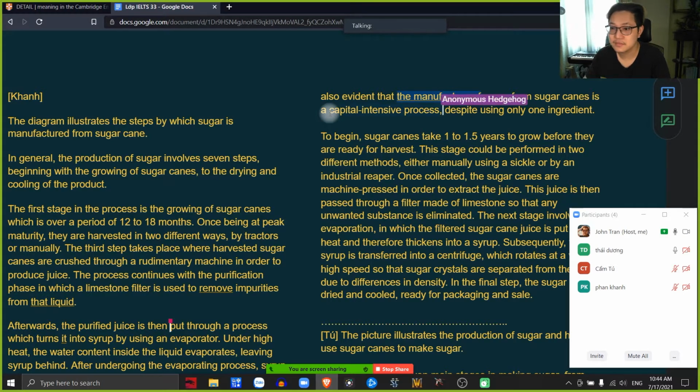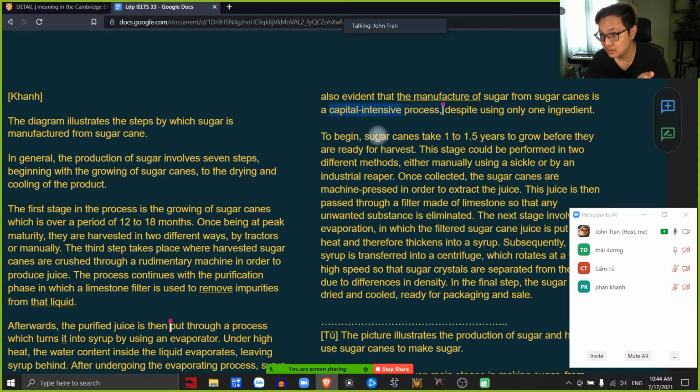Please. What does it mean, capital? I don't understand. Is that money? Capital intensive, I remember it. Yes, but what does it mean? Does it mean that the process takes a lot of money? Requires a lot of money?